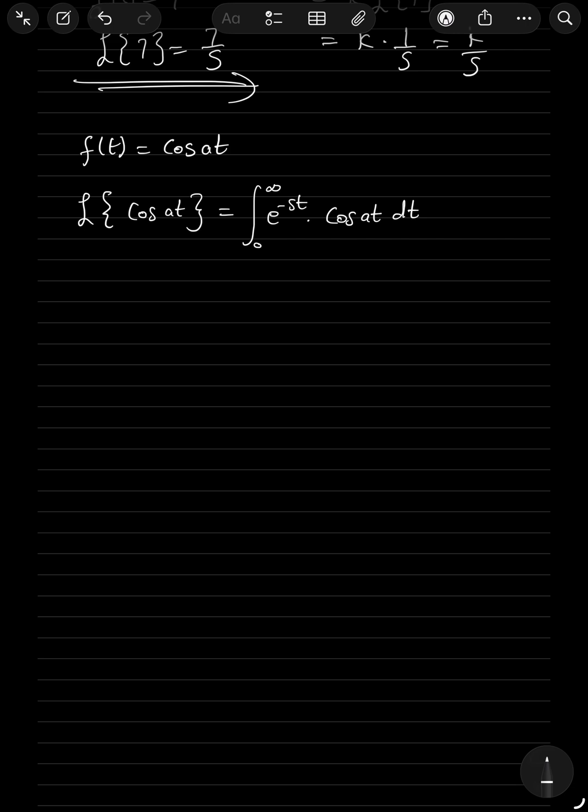So now we have two functions here. We have an exponential and a trigonometric function, and we're going to find the integral. If you remember from your past calculus classes, especially integration techniques, if you integrate e to the power ax cos bx dx, I won't derive this, but you have to know how to.